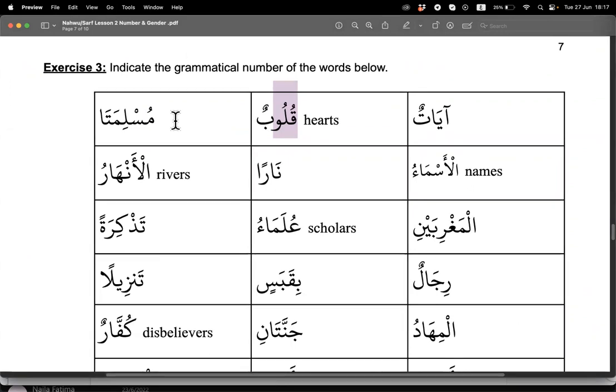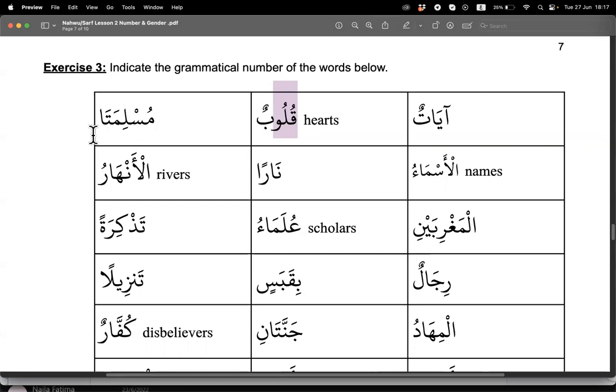Next one, Muslimata. Tell me the status first. Muslimata Tani is a light word. What's the heavy version? Muslimatani.